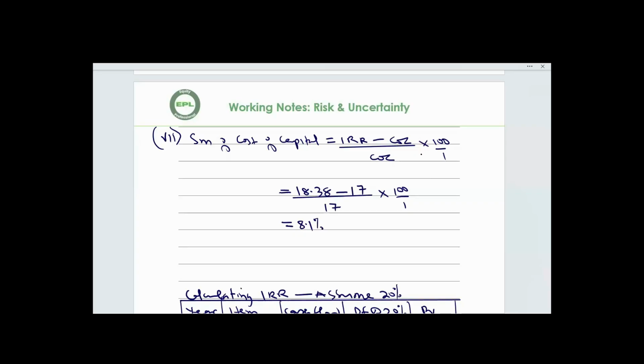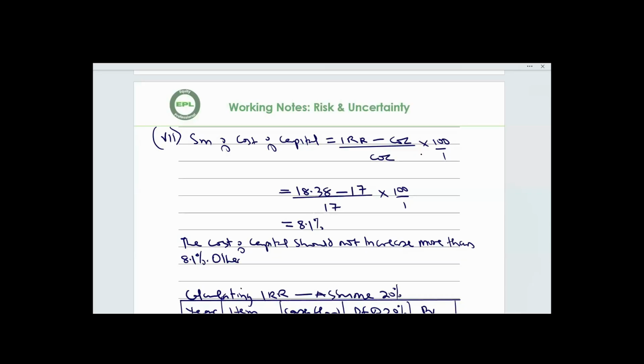8.1%, which means that the cost of capital should not increase more than 8.1%.